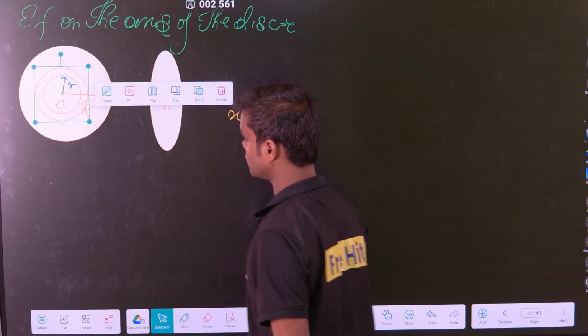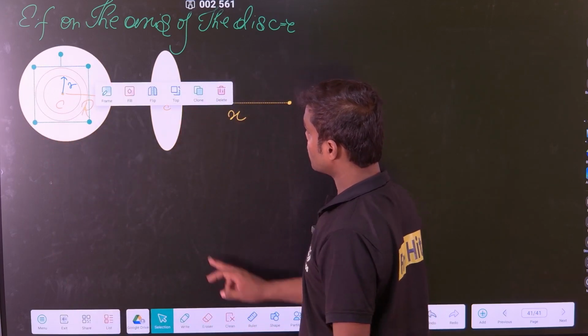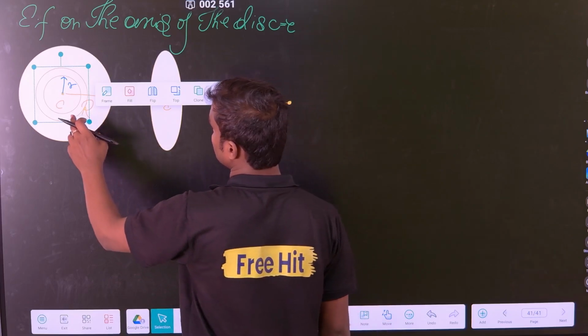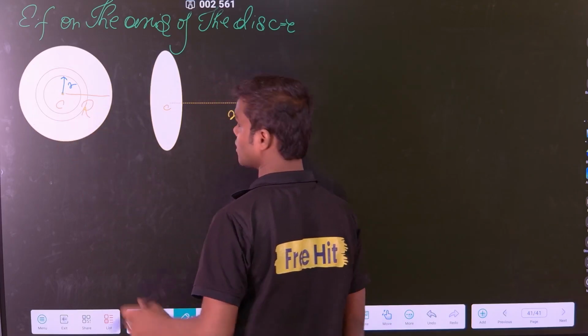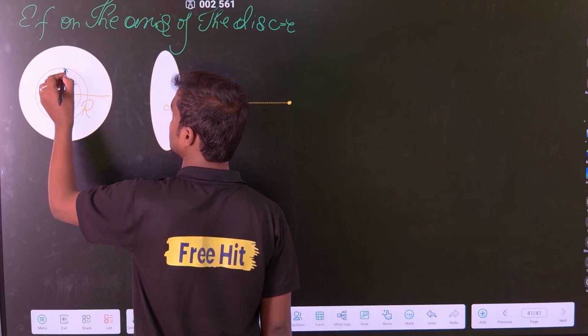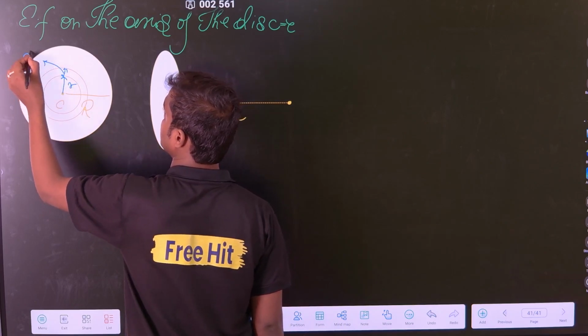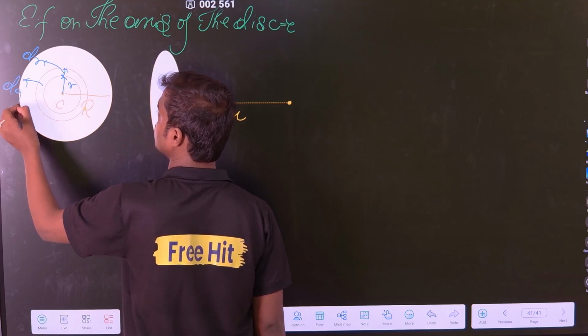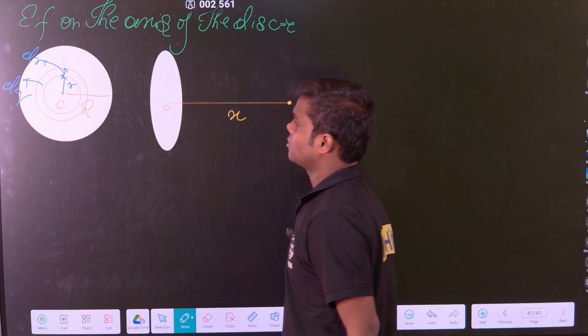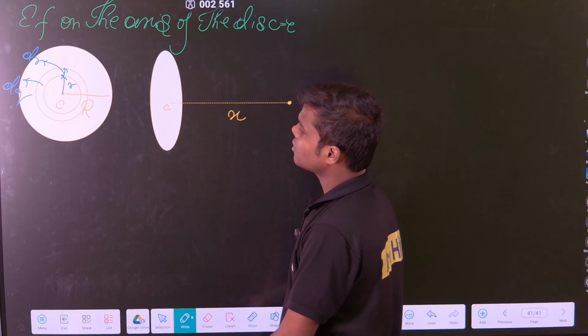Yeah, this is the way. Suppose the thickness of this element is dr, and the charge inside this element is dq. Correct? Charge is dq, the thickness is dr.